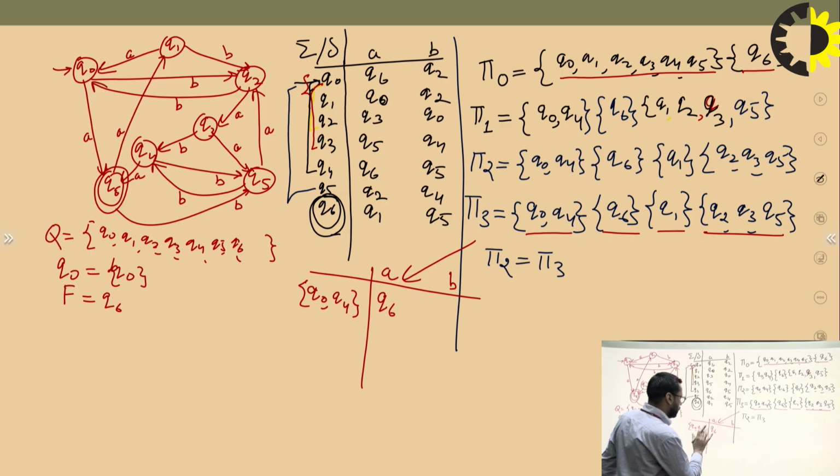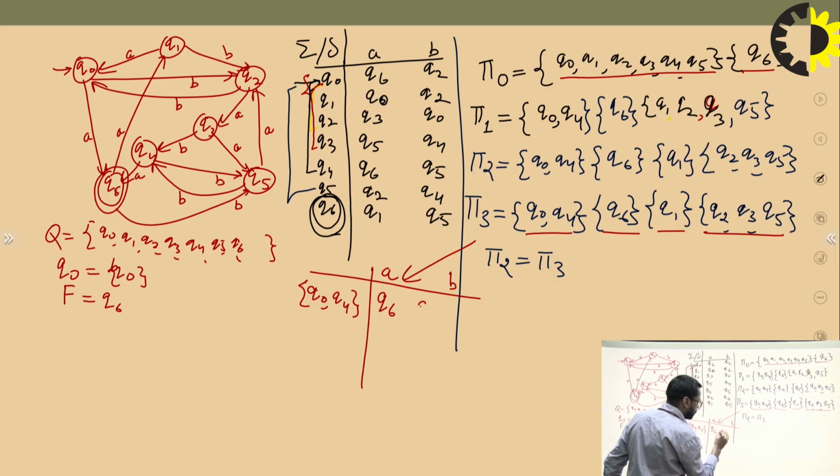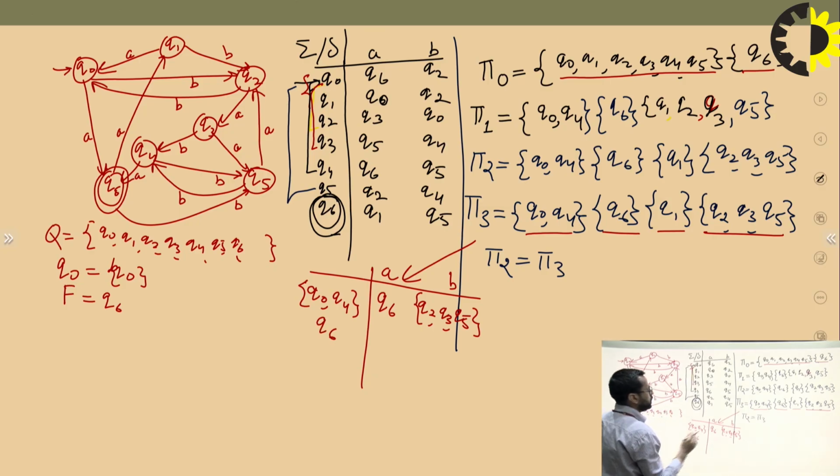So in this updated transition table, we keep Q2, Q3, Q5 together in the same state. The next state is Q6. Q6 is a single state. We will use Q1 and Q5.